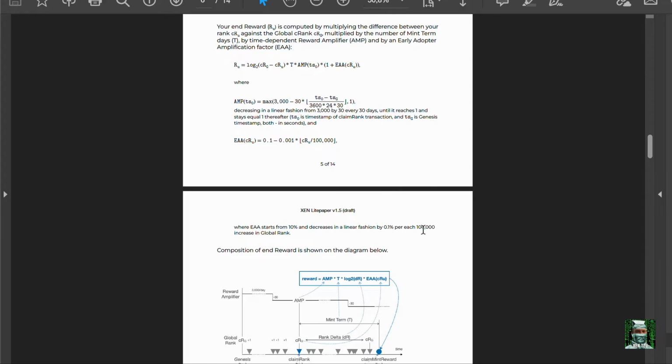Okay, so if that's confusing, just think about it this way. You're going to get a bigger reward for your mint the earlier you are, and rightfully so, because you're earlier to help build the network and you need an incentive to do so. So this is an incentive to make the time dependent as long as possible. It's an incentive for you to spread the word and increase the global rank, it's an incentive for you and everybody to increase it.